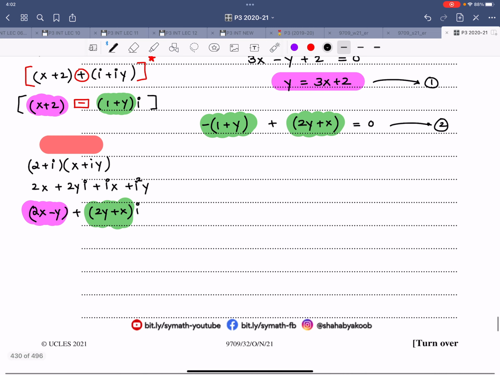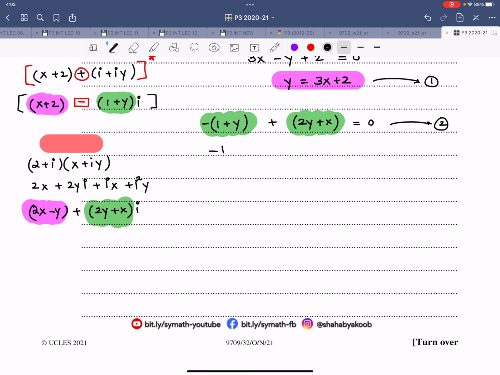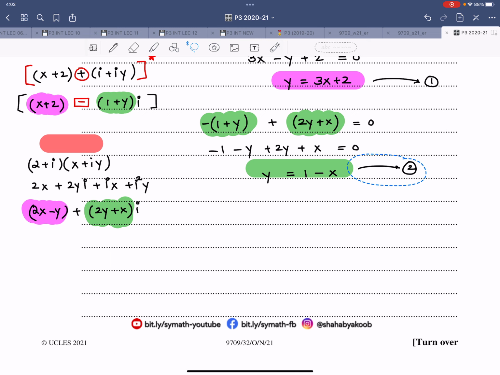So therefore, minus 1 minus y plus 2y plus x equals 0. So 2y minus y, that is y. And minus 1 plus x is basically 1 minus x. So this is the second equation that you get. So let me just take this down for this to be the second equation.